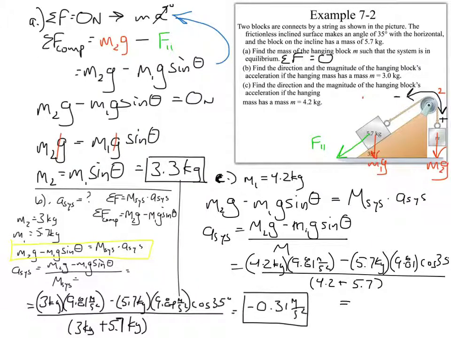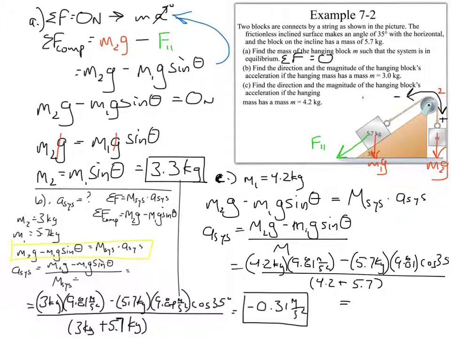So what is our acceleration going to be? 4.2 minus 5.7, oops, sorry. I'm talking this out loud without really even doing anything in front of you, aren't I? Cosine of 35. 1 divided by, what's that? 4.2 plus 5.7, so that's 9.9, right?